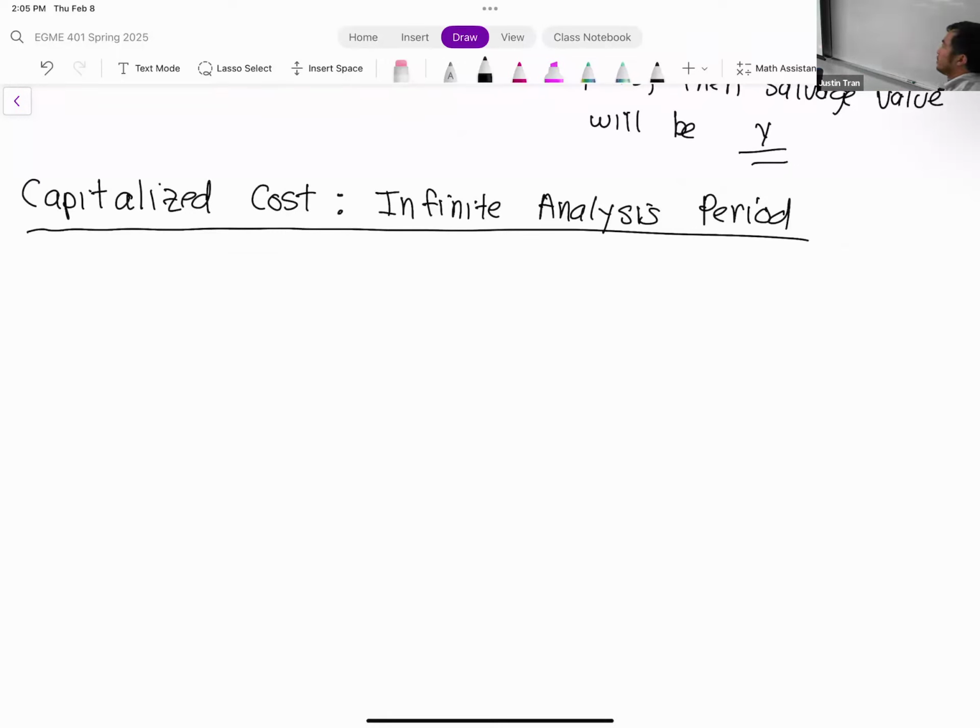Just like the name implies, sometimes you deal with certain types of projects or financials that are assumed to have really no end in sight.